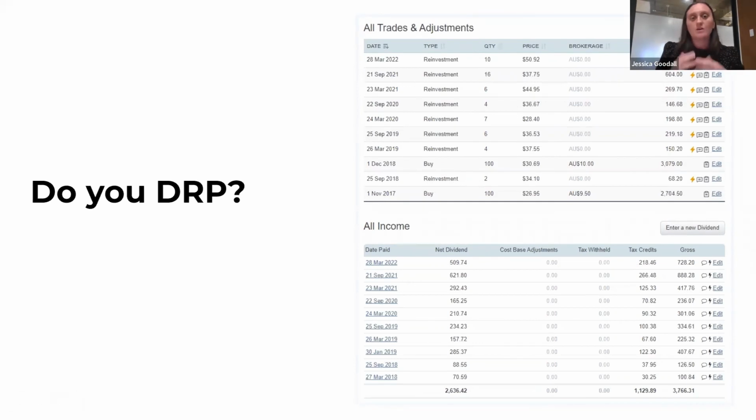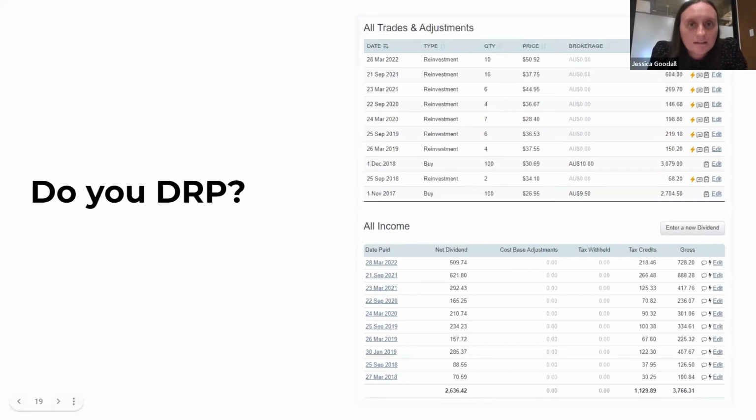Sharesight automates all of that tracking for you as well, so you can really understand the impact of that dividend reinvestment on the performance of your assets, in conjunction with looking at the price changes that we spoke about earlier when we talk about volatility.